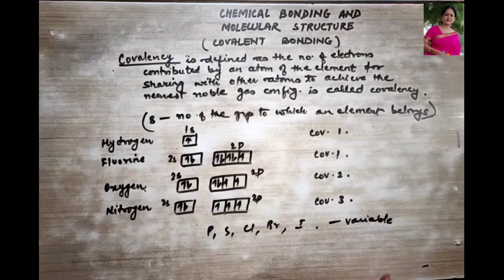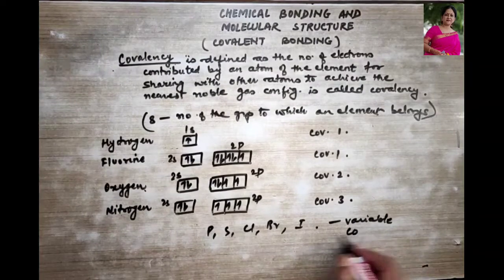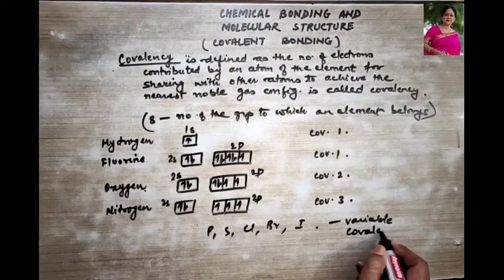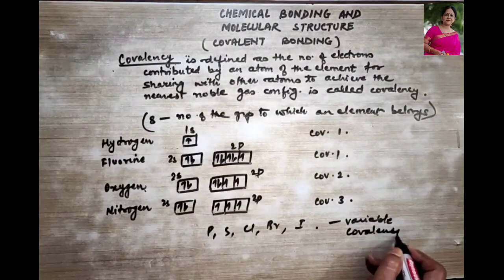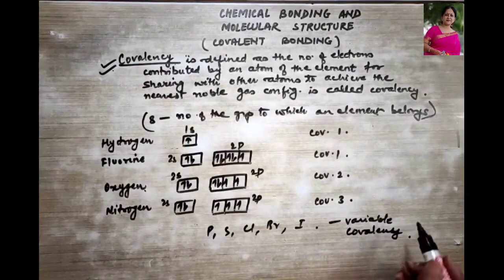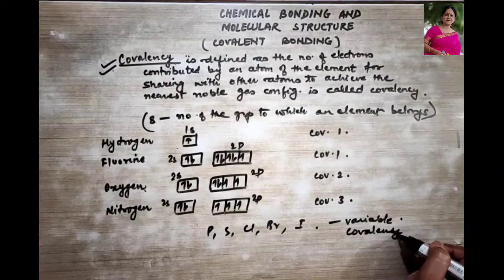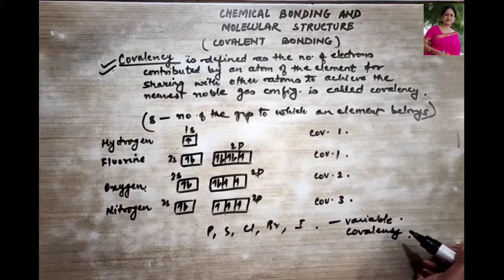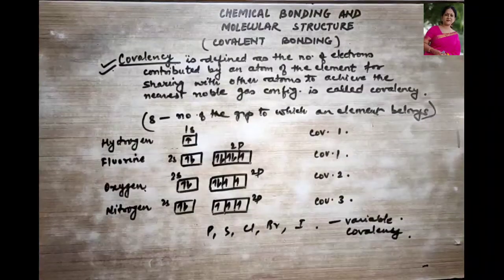Why? Because the electrons move to d orbitals, where we are going to see the vacant d orbitals. So these elements show variable valency. So first point, we have understood what is covalency.